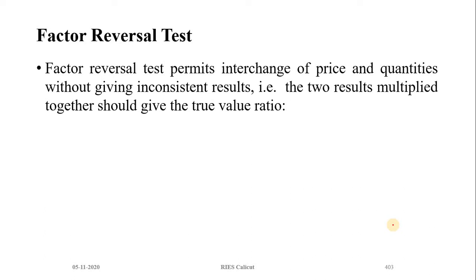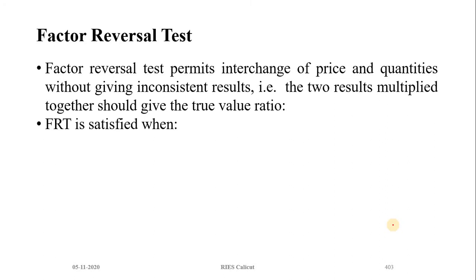Earlier in the time reversal test, we were changing the time component, 1 and 0. Here in the factor reversal test, we are changing the factor. That means wherever there is P, we replace it with Q, and wherever there is Q, we replace it with P. Then if you multiply these two equations, you should get the true value.